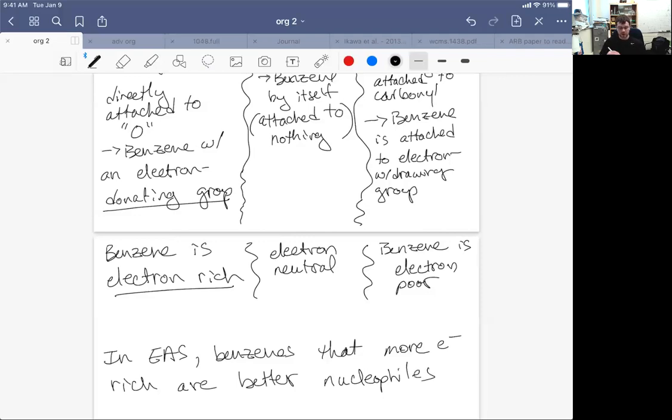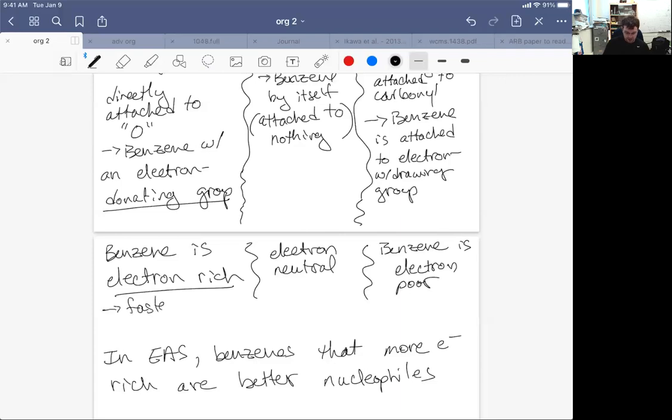So we want to look at this and see how well it will react in an EAS reaction, an electrophilic aromatic substitution. To understand this, we have to recognize that the benzene is the nucleophile. The benzene adds its electrons to an electrophile during these reactions. And if that's the case, then things that are more electron rich will be faster reacting in an EAS reaction.